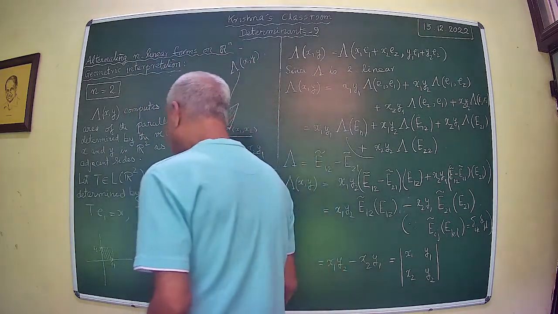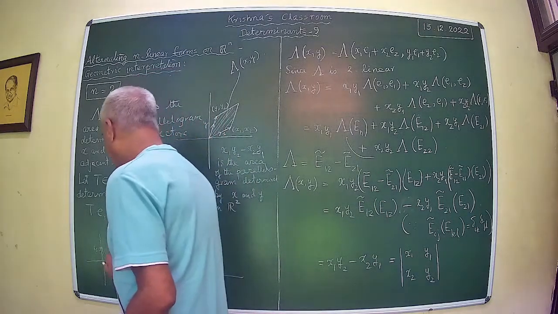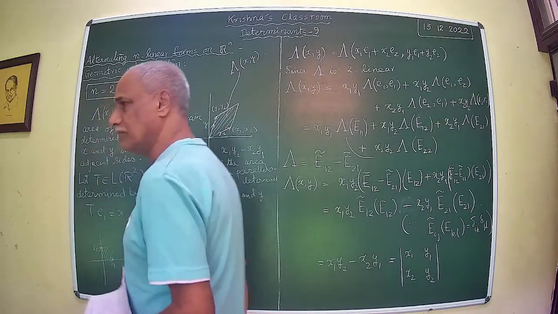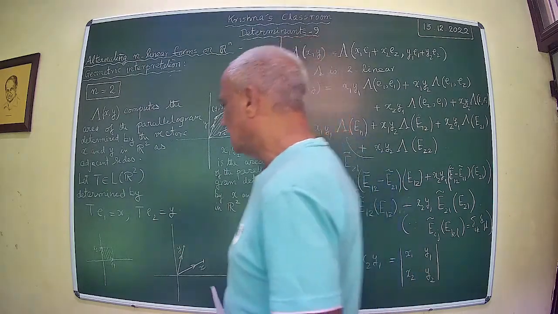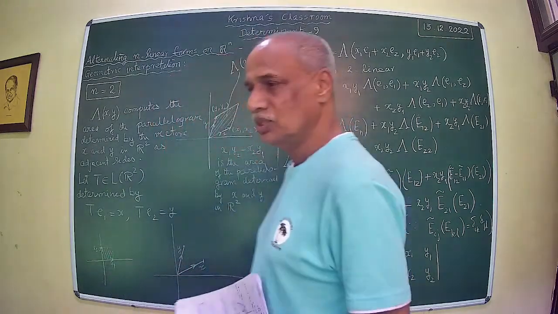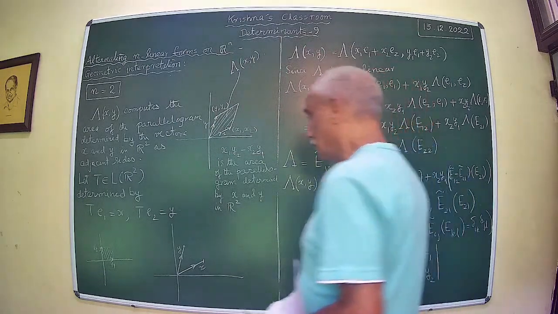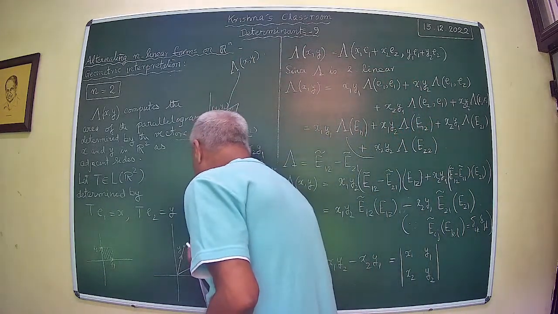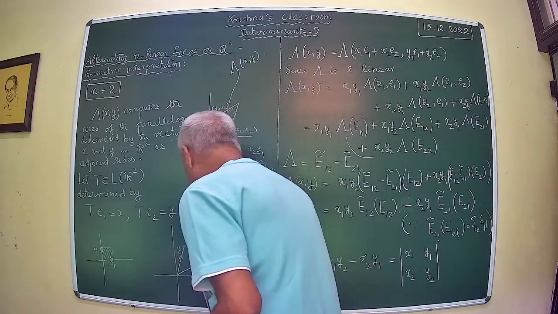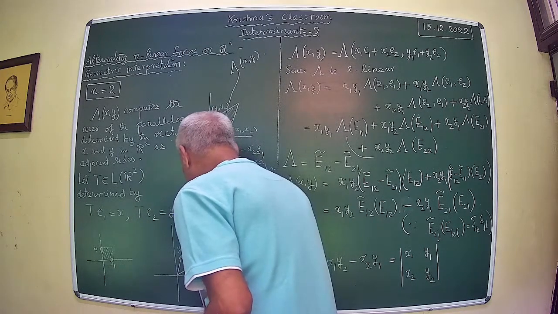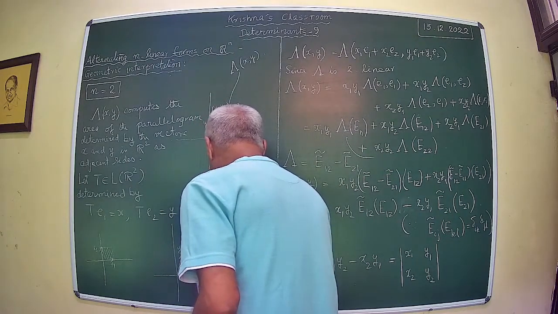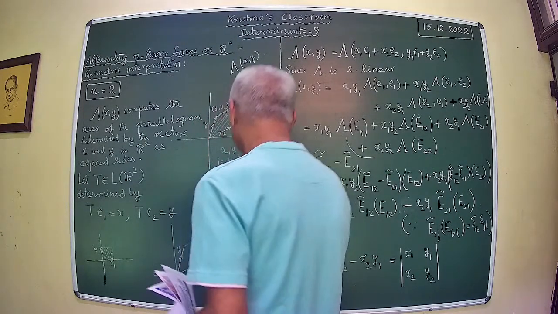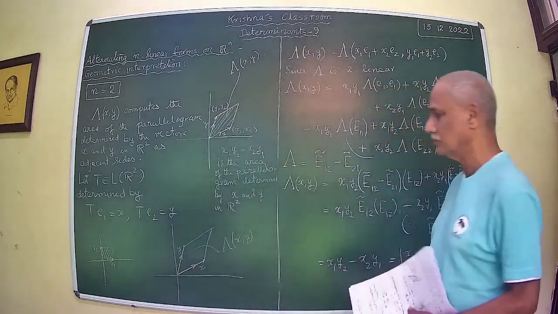Now look at the area of the square determined by E1 and E2. Now this is equal to 1. This is the unit area. Look at the area of the parallelogram determined by X and Y. This we have just now calculated, and that is equal to lambda of X, Y. This is what we have calculated here.